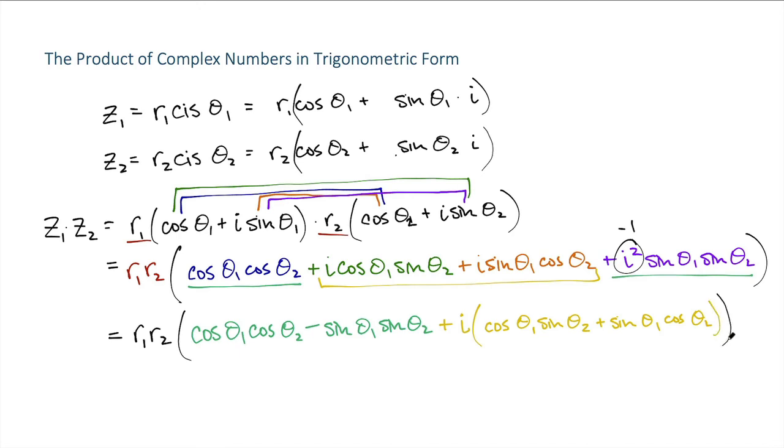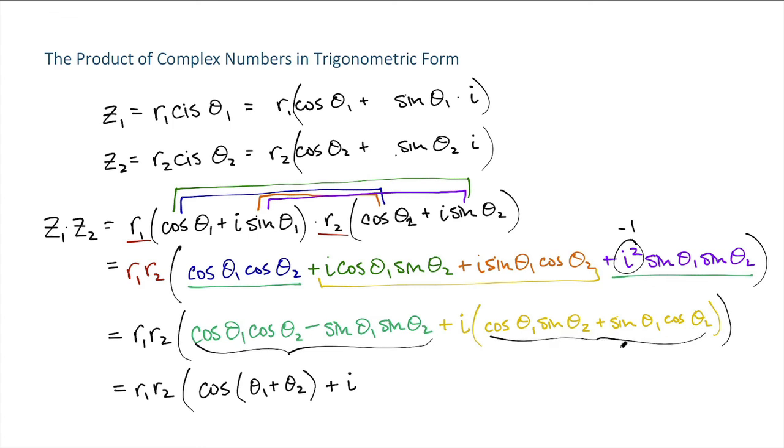Now, this is where we should be recognizing some things. This right here is the identity for cosine of theta 1 plus theta 2. Cosine of theta 1 plus theta 2. Okay, and then we have plus i times, this thing right here is the identity for sine of theta 1 plus theta 2.